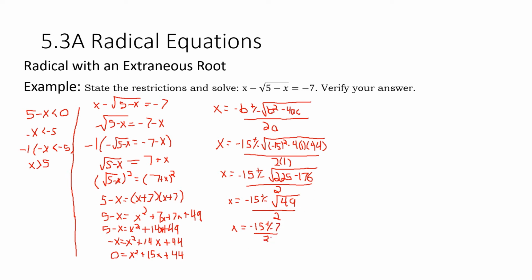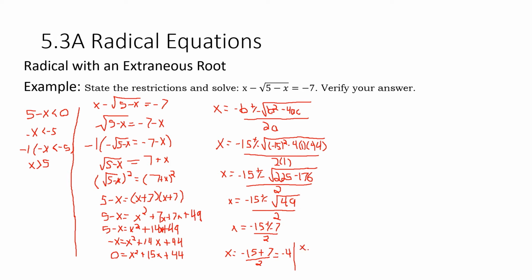So let's find our two values of x. So x is going to equal negative 15 plus 7 over 2. Negative 15 plus 7 would be negative 8. Negative 8 divided by 2, negative 4. So that's one of our x's. There is another x value though.